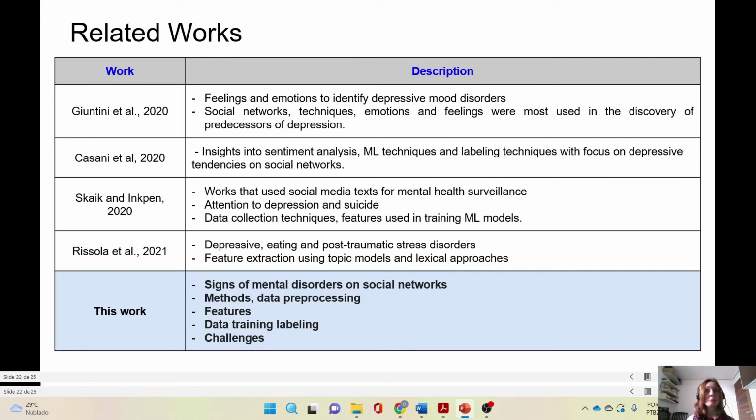Also, we have a special interest in identifying features or characteristics, so we can think about a dataset specific to train a model associated with mental disorders on social networks. Furthermore, we have tried to identify training data labeling strategies, and finally we try to provide some challenges for our research group.